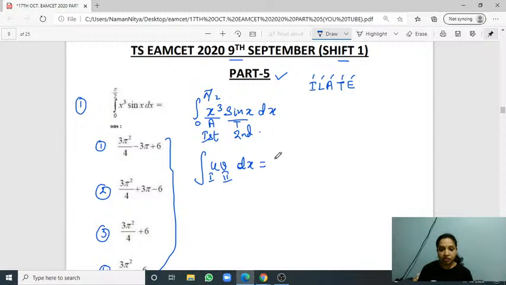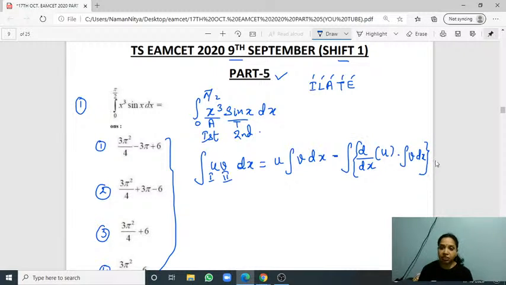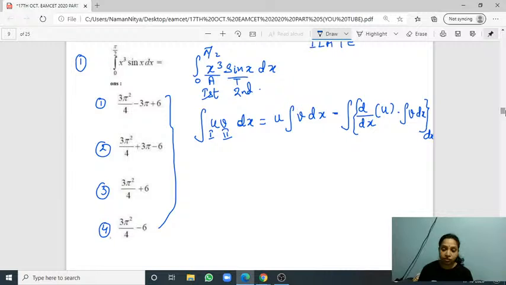Then the formula is: you keep u as it is, do the integration of the second function, minus integration of the differentiation of the first function, that is u, into the integration of the second function, that is v, and this complete dx. This is the formula for integration by parts. Now I am going to do the same thing, but I will teach you the shortcut way.